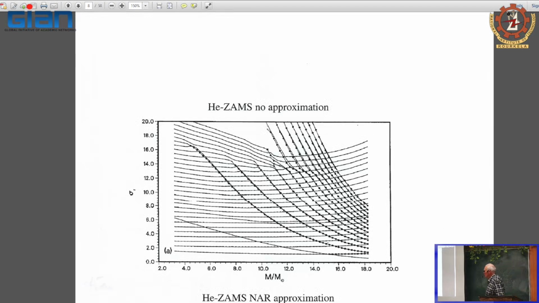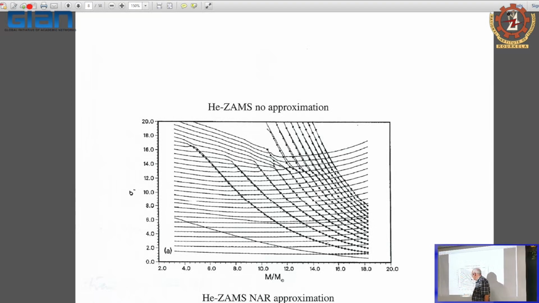Here, this is the real part of the frequencies as a function of mass along the main sequence. This is the bottom of the main sequence, and this is the top of the main sequence, ranging from 3 to 18 solar masses. Okay, so the real parts of the frequencies show a type of spectrum which we expect.